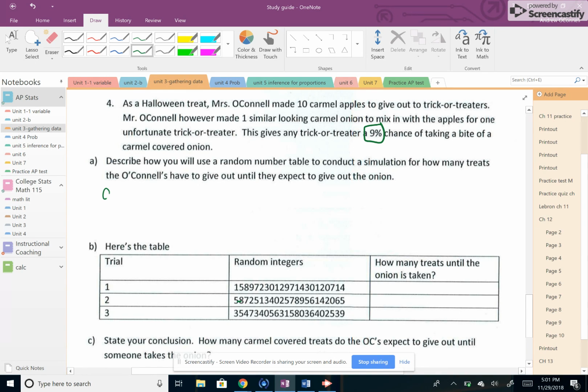So I'm going to assign 0 through 08, since that's 9%, to the onion, and everything above that, so 09 to 99, to the apples.